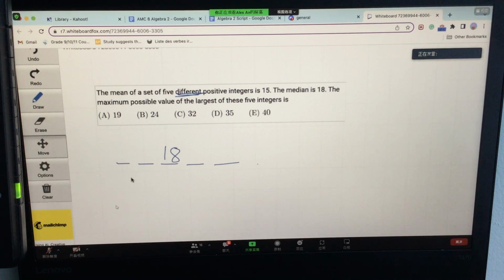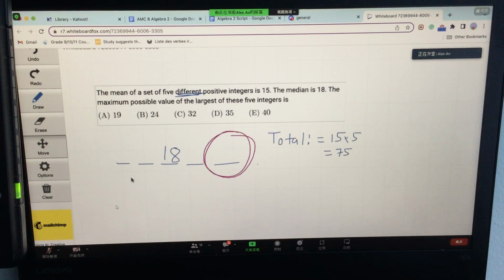So the total sum of the 5 integers equals 15 times 5, or 75. And we want, it's asking for the maximum possible value of the largest of these 5 integers. So we're looking for the maximum possible value of this integer here.